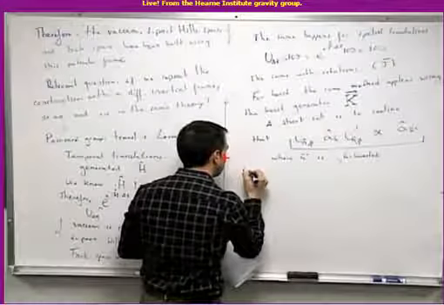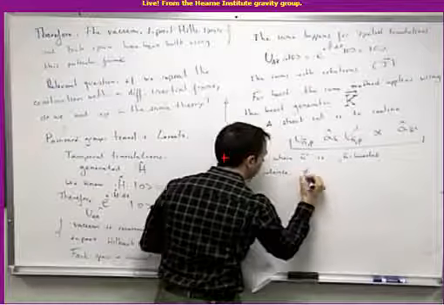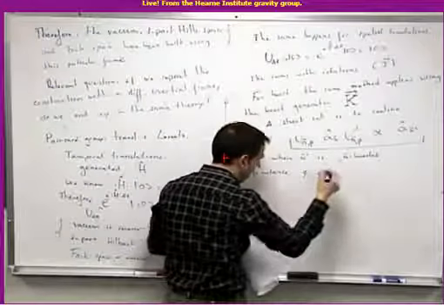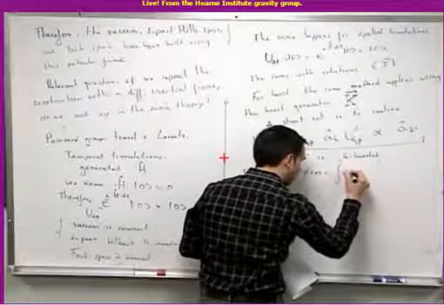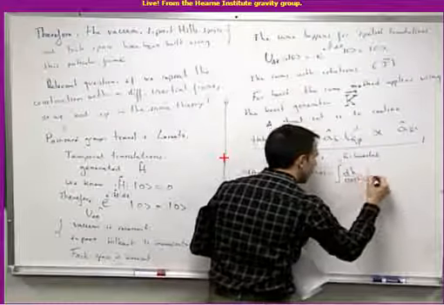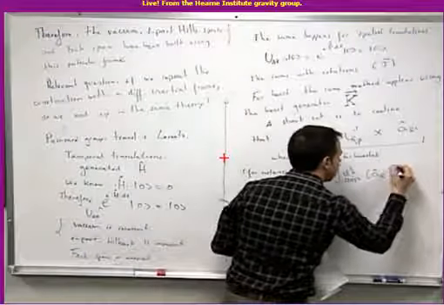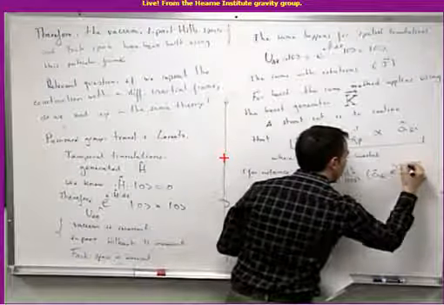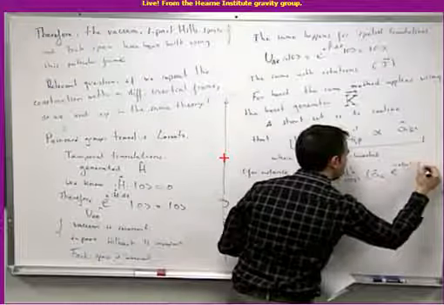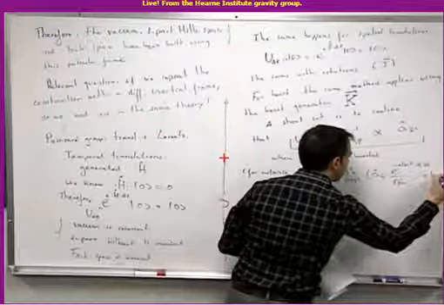For instance, you can take the field operator, which we know is a scalar. The field operator is A e to the minus i (omega t minus kx) divided by 2 omega, plus the Hermitian conjugate.